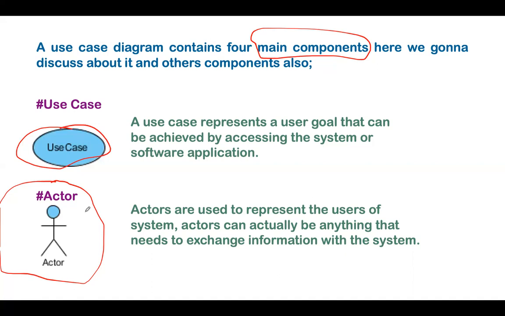This can be a person, an organization, or even another system that interacts with your system, for example through APIs. It can also be an external device that you intend to use to connect to your proposed system. So those are actors. Then lastly, we have what we call the relationships.